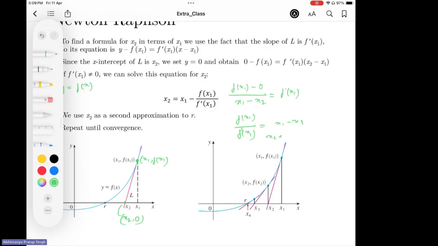So x2 is basically x1 minus f(x1) over f prime(x1). Okay, and similarly this is our next point.